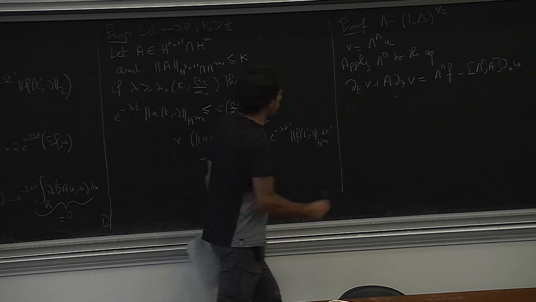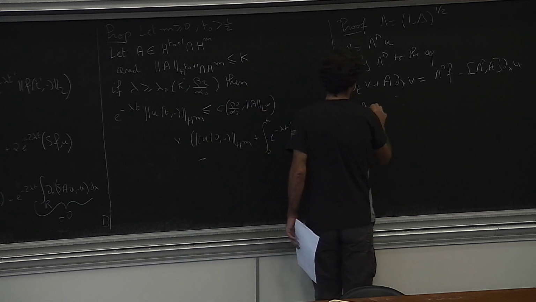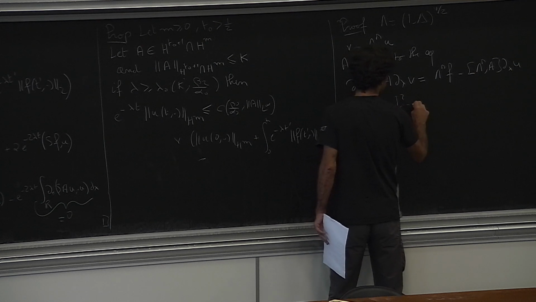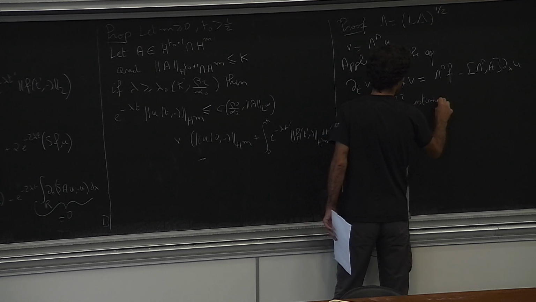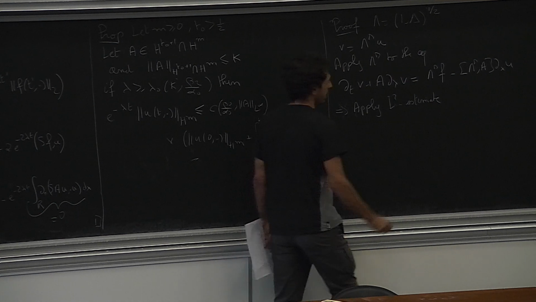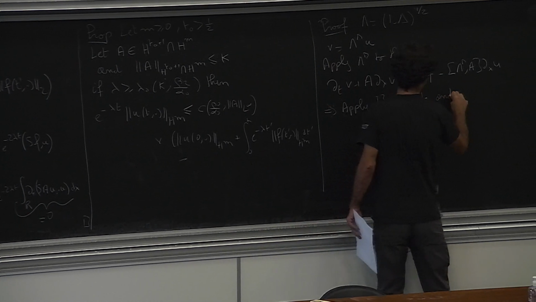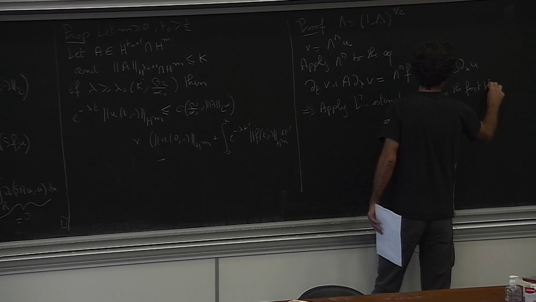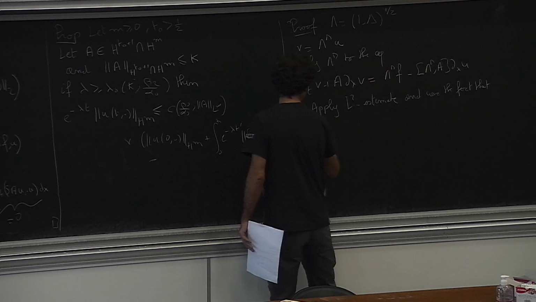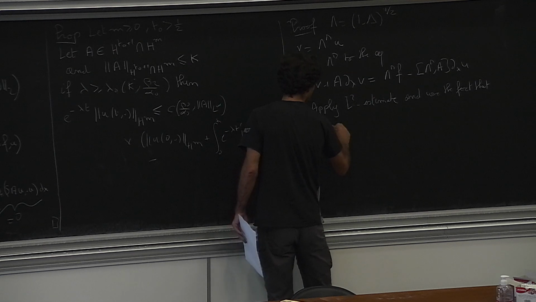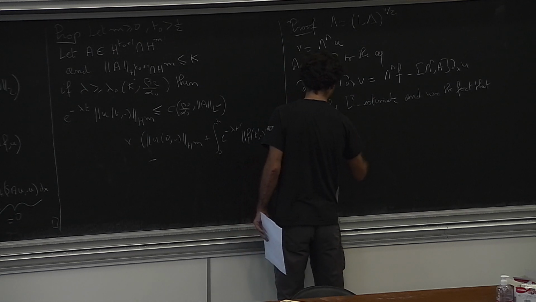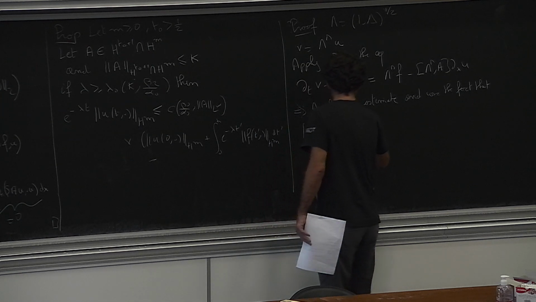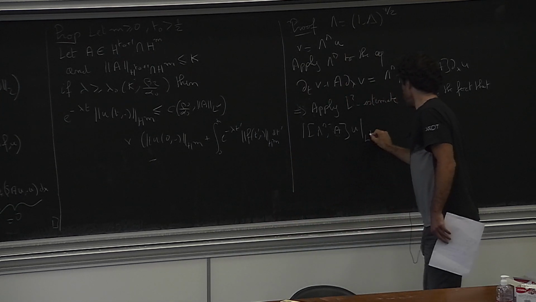So you apply the L2 estimate to this system and use the fact that you have a commutator estimate, which is that you can control the commutator of lambda^s with A, applied to dx of u, in L2.